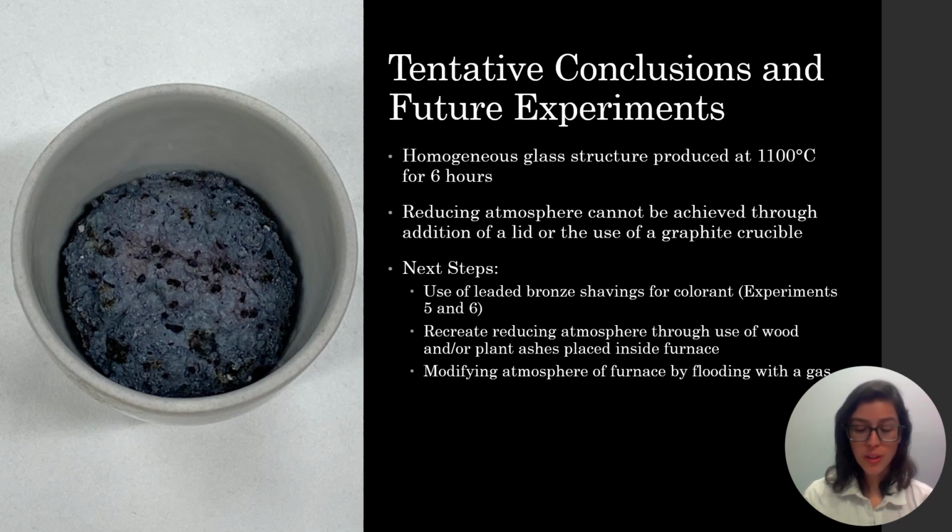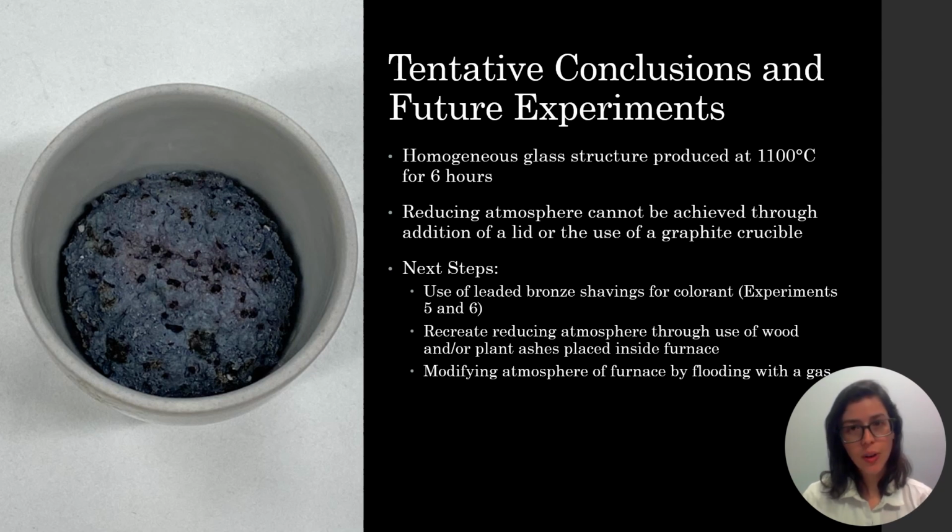I plan to move the furnace outdoors and let this organic material burn in order to see what happens to the glass mixture, as the smoke from the burning material may have unintentionally created a reducing environment. We also plan to create a reducing environment through the use of wood and/or plant ashes placed inside the furnace, and to reach out to the art department on UCLA campus to see if they have a fuel-fired or gas-fired kiln capable of creating a reducing environment.